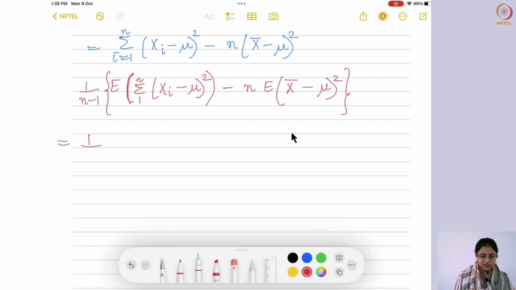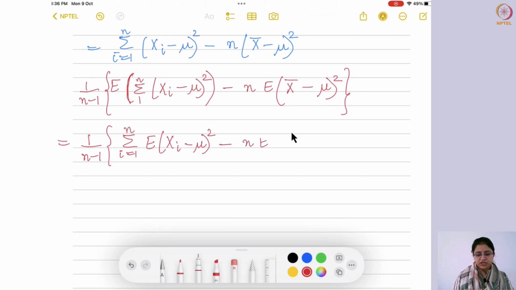You can take the expectation inside this. So this would be summation i from 1 to n expectation of xi minus mu whole square, minus n times expectation of x bar minus mu whole square.